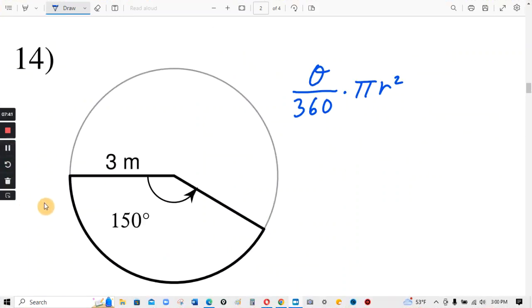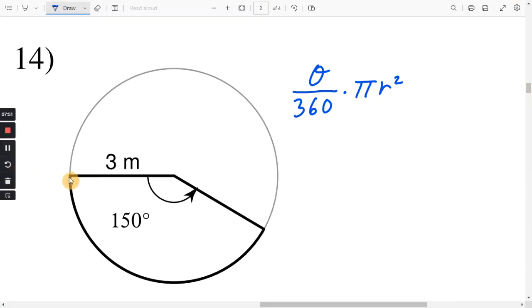Please pause and try number 14 using the formula theta over 360 times pi r squared. All right, number 14, you can see this here in boldface. This is the sector that we're trying to find the area of, so basically everything inside this portion right here.